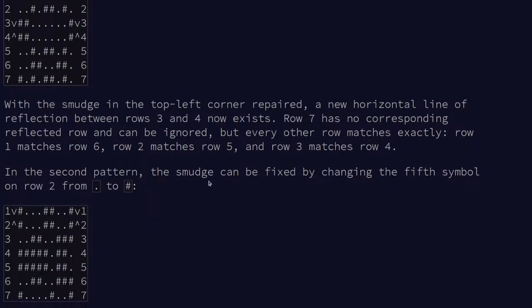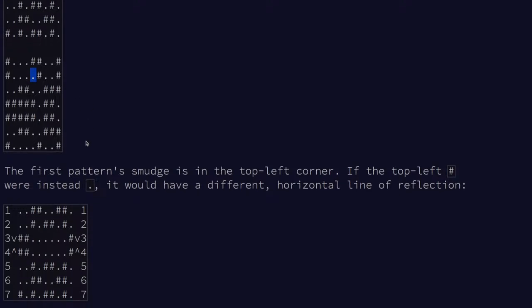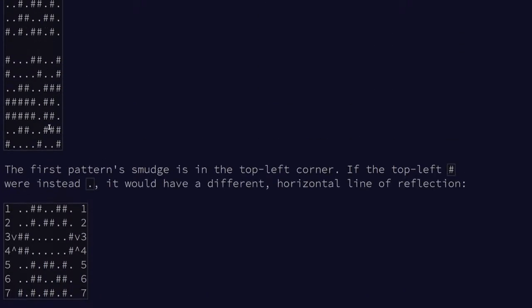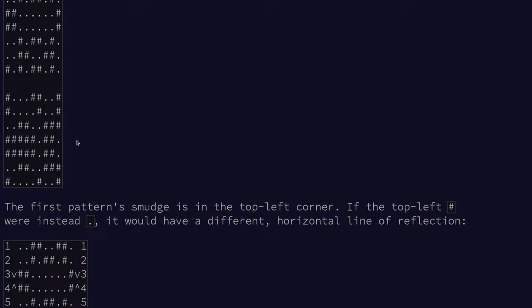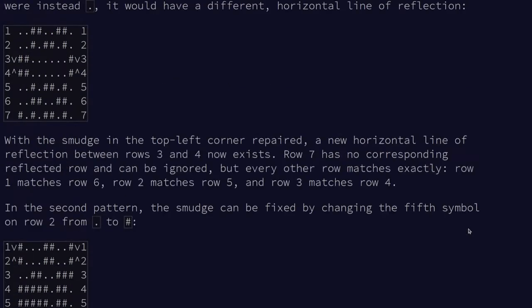They changed the fifth symbol on row 2 to a hash. That made this the answer. What I will do is I will check for how many of these interchangings we get a line of reflection. We get both a horizontal and a vertical line of reflection.